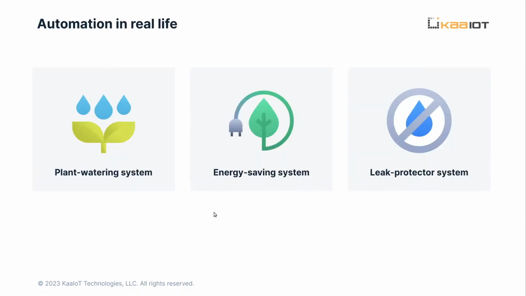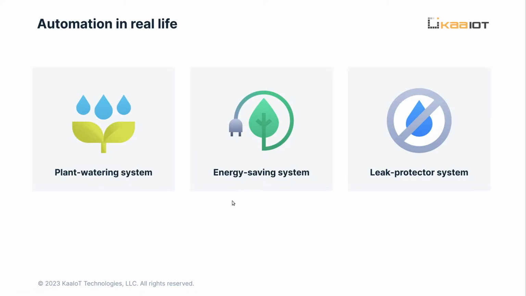In our daily practices, we frequently encounter automation tasks where certain devices need to operate automatically without human intervention. Let's consider a few examples. Plant watering system. This system utilizes readings from soil moisture, ambient temperature, and other sensors to determine if the watering pumps need to be activated.